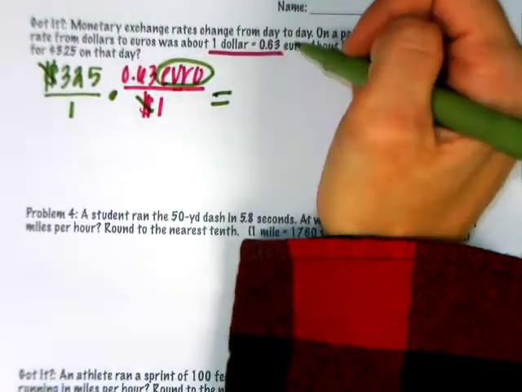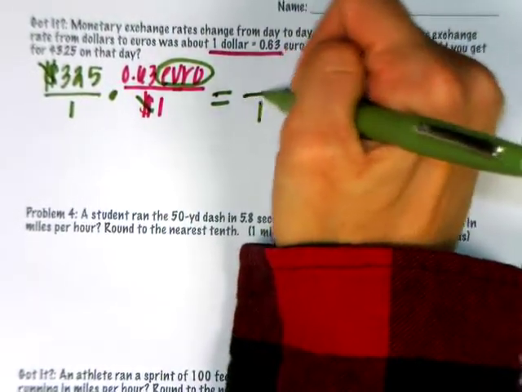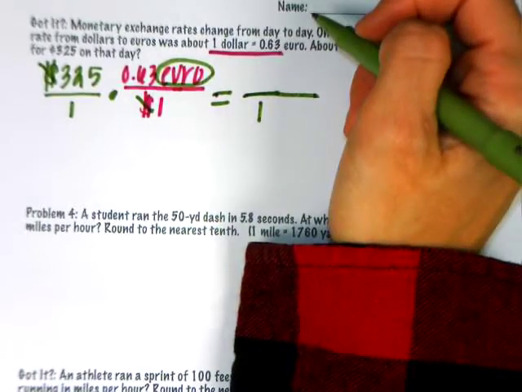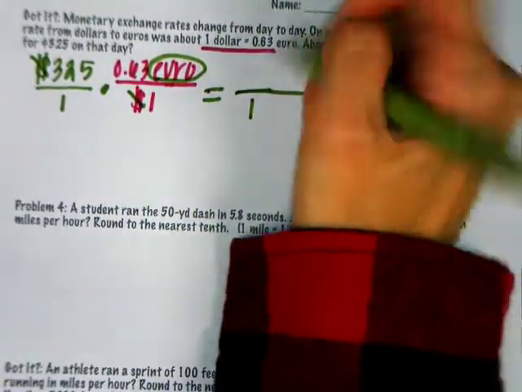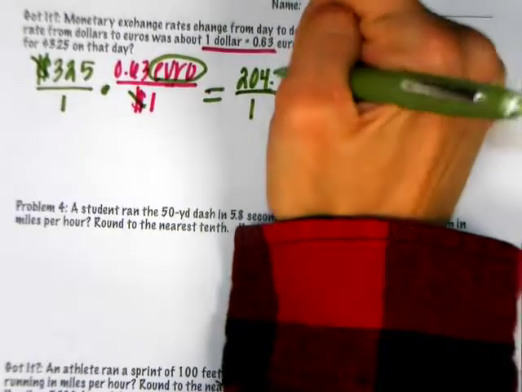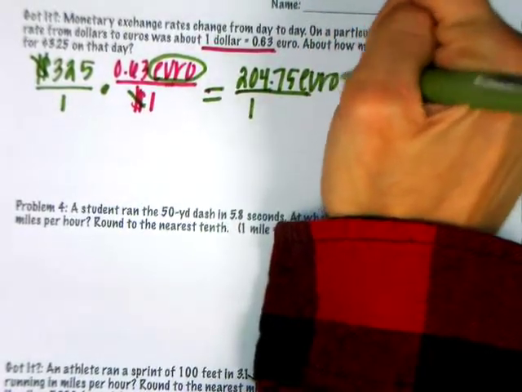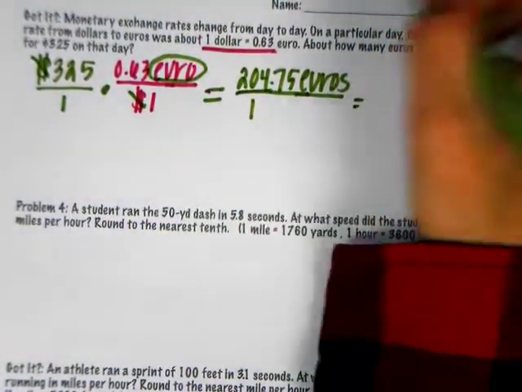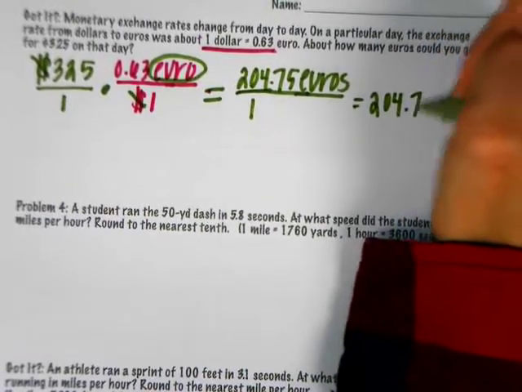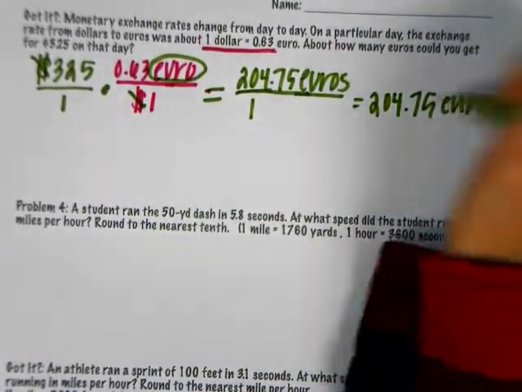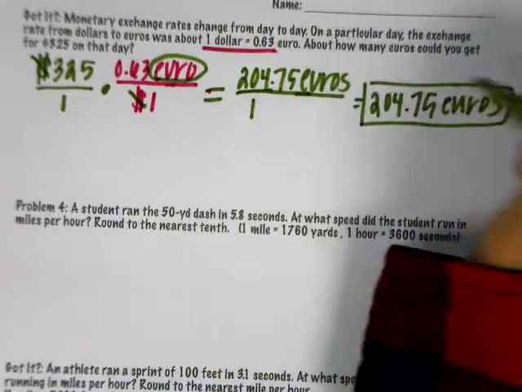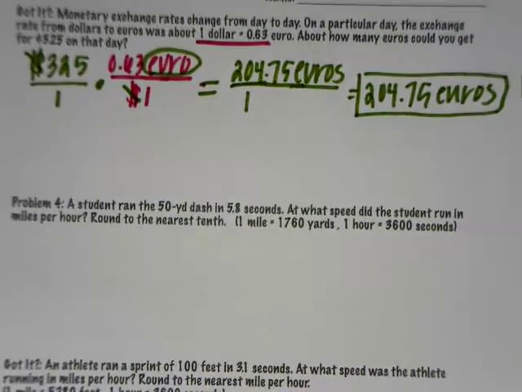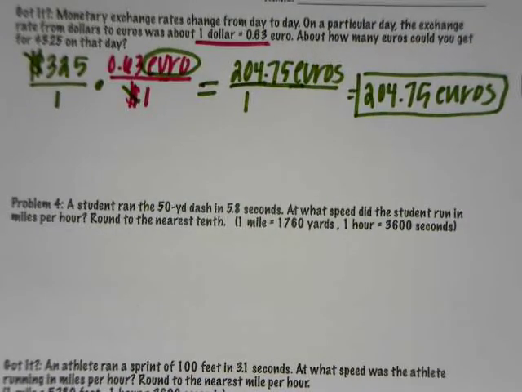So you'll get 204.75 euros over 1. So that's just going to be 204.75 euros. All right, so that's that. Do we feel okay on that one?